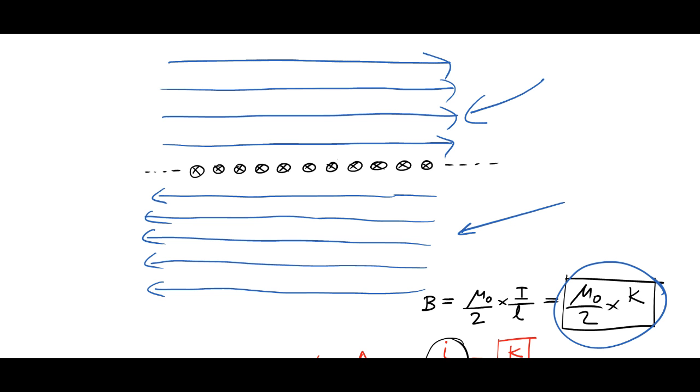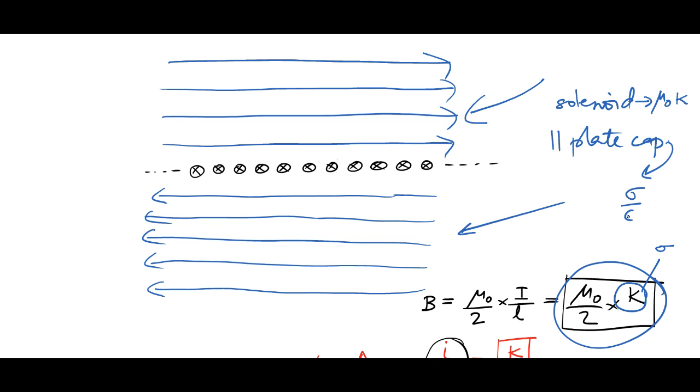Now we have seen earlier that this k is a quantity which is analogous to the surface charge density in electrostatics. For example, when we compared a solenoid with a parallel plate capacitor, both ideal of course, then the field inside the solenoid was given by mu naught multiplied by k, whereas the field inside the parallel plate capacitor was given by sigma divided by epsilon naught.